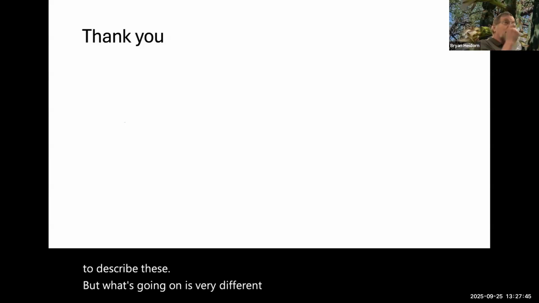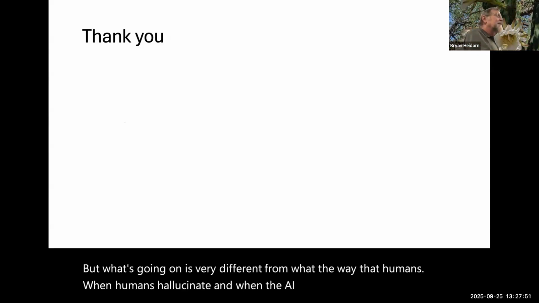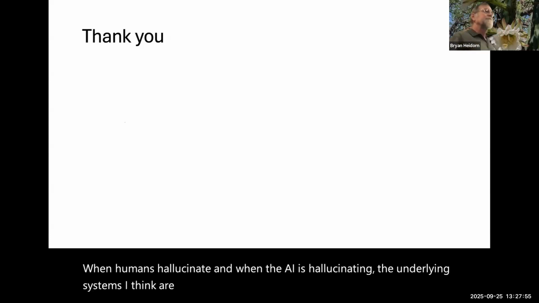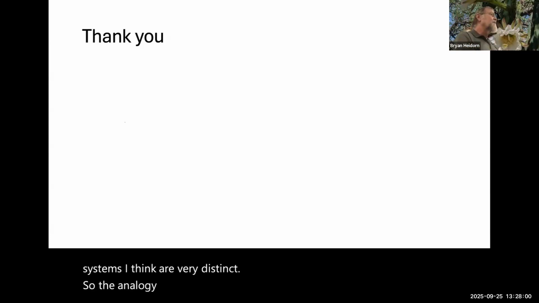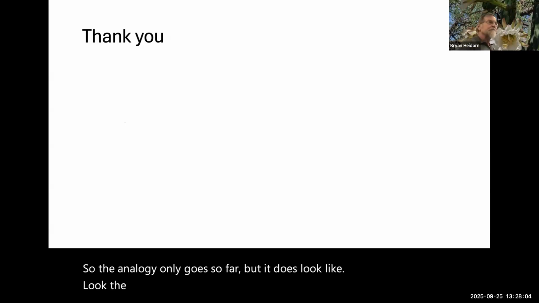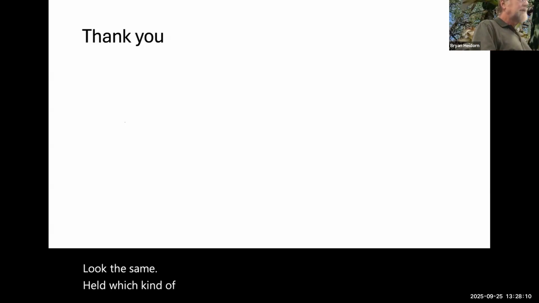When humans hallucinate and when the AI is hallucinating, the underlying systems, I think, are very distinct. So the analogy only goes so far, but it does look the same. How does it correct the error? Which kind of error? Putting in bad information, wrong information, how does it correct the error?